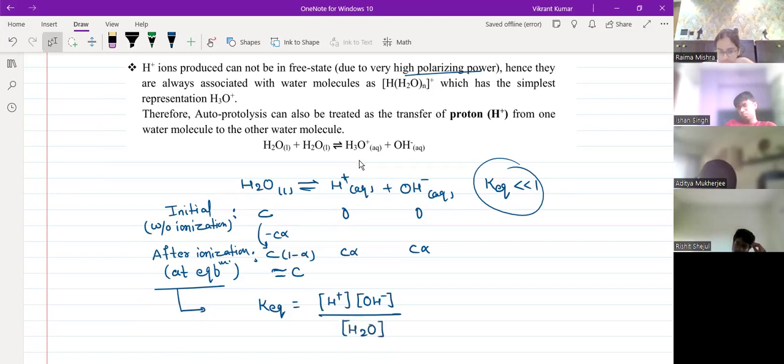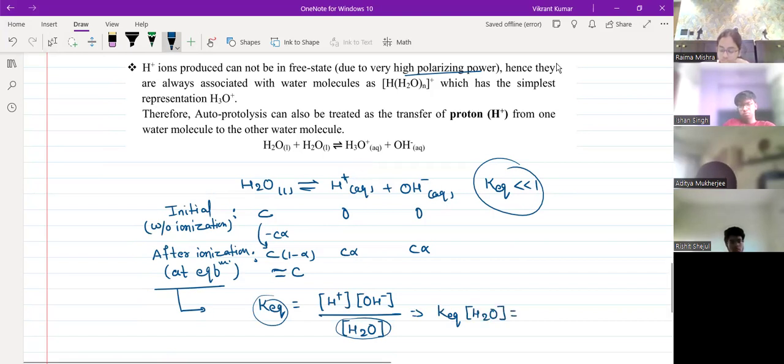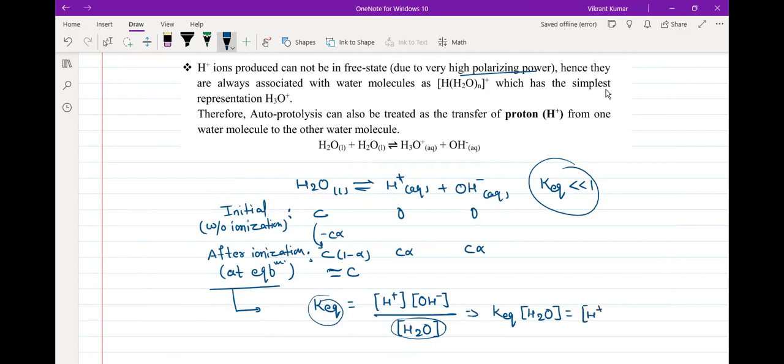We can write this. Now, because we are treating the concentration of H2O as a constant, we took constant H2O concentration and constant K equilibrium, and combining both we get a new constant. So we can write K equilibrium into H2O will be equal to H plus into OH minus.